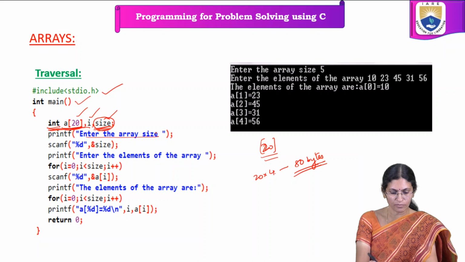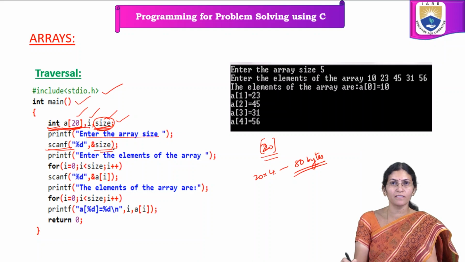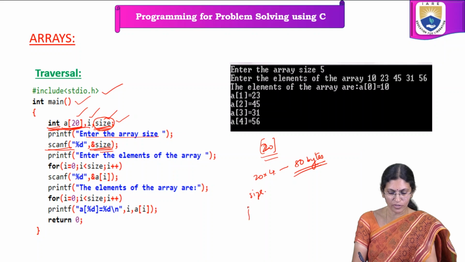Next, this is a printf statement, and the scanf function reads the size given by the user into the variable size at the memory address of the size variable. Its value is given by the user at runtime.